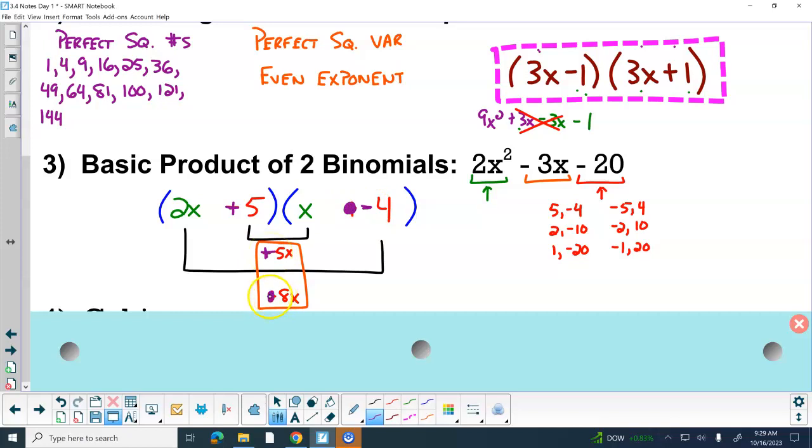This one now gives me negative x. Positive 5x minus 8x is my negative 3x. So this one factors to be 2x plus 5 times the quantity x minus 4.